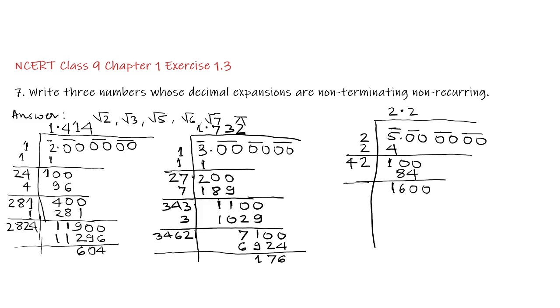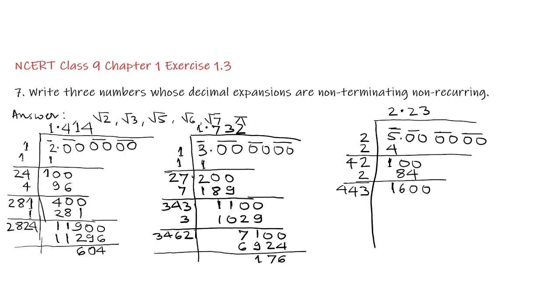I carry 2 zeros and it becomes 1600. Add 2 to the 42, it becomes 44. Now I put 3 in the quotient and 3 after 44, so it becomes 443 in divisor. 443 multiplied by 3.